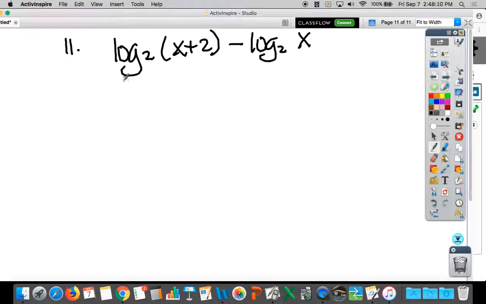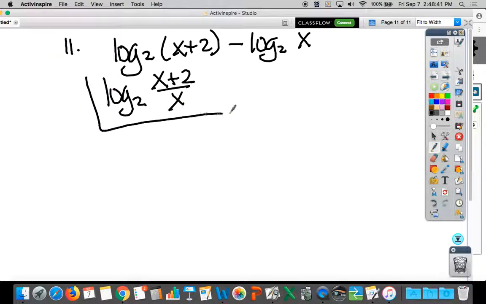How would I write it as a single log? log 2 of (x plus 2) over x. You're dividing here, you're subtracting here, so that means quotient. So that is the single log.